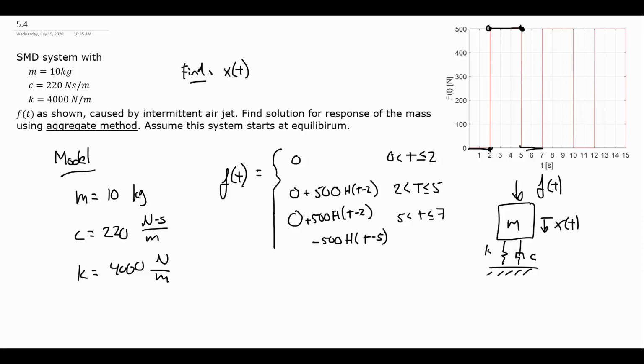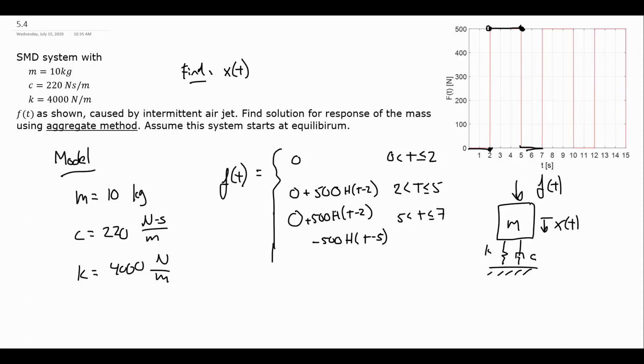If we see what's happening, I have my first function that turns on. Now it's 0, so it doesn't really matter. Then at 2 seconds, my second function turns on. I step it up by 500. But then at 5 seconds, I turn on a third step function, which now is a negative 500. So I have 500 minus 500 brings me down to 0, but again, written in this specific way.